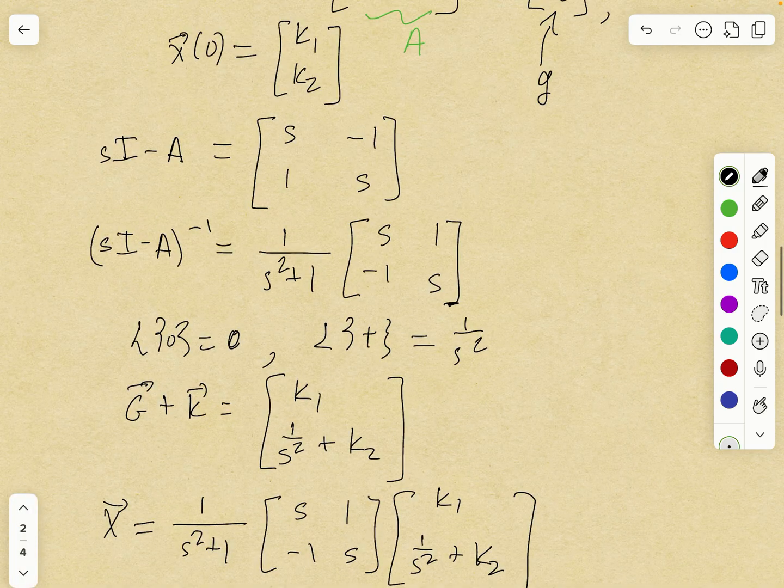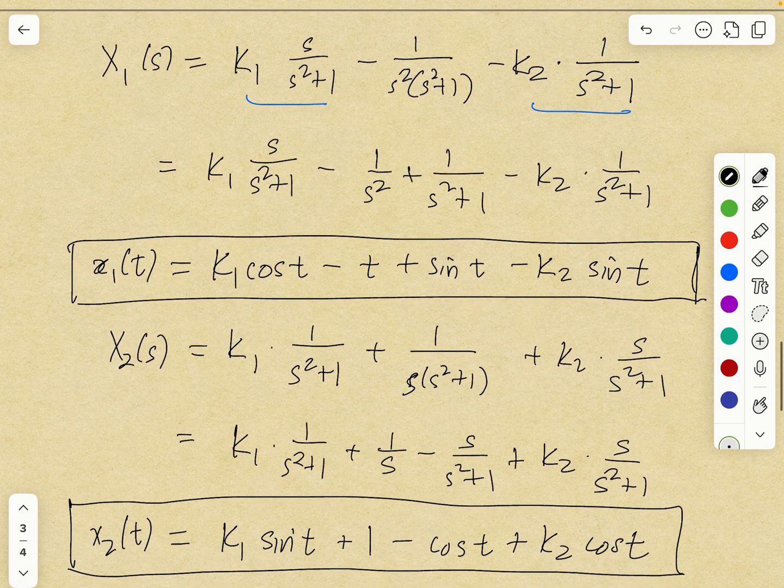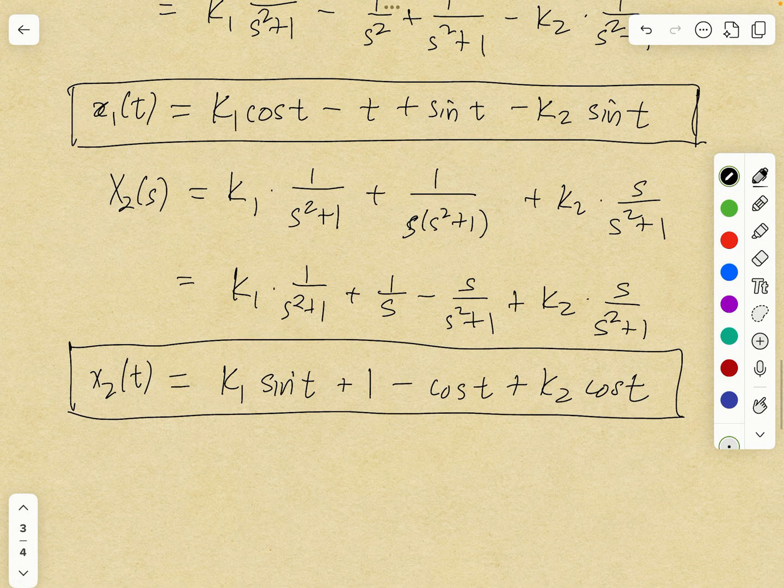There's a matrix inverse, so that's annoying. And then you also have to find the inverse Laplace transform, which is also annoying. So it's not necessarily the fastest, but there isn't really a fast method for solving non-homogeneous systems. So this is actually possibly the fastest it can be.